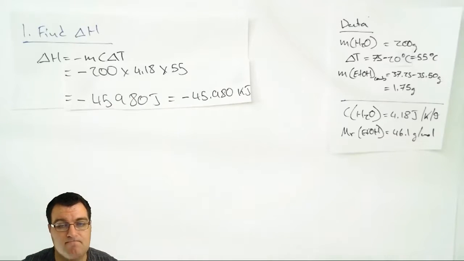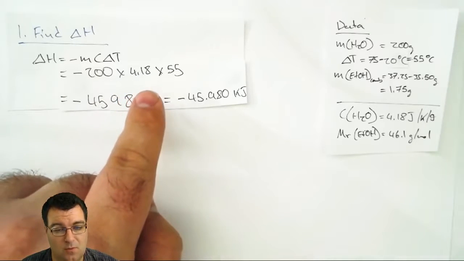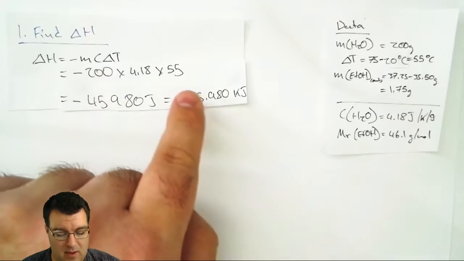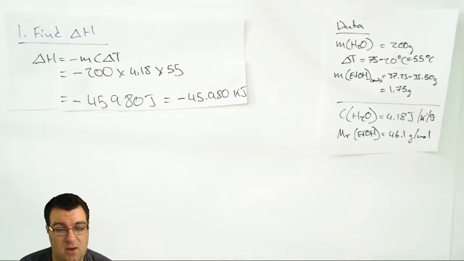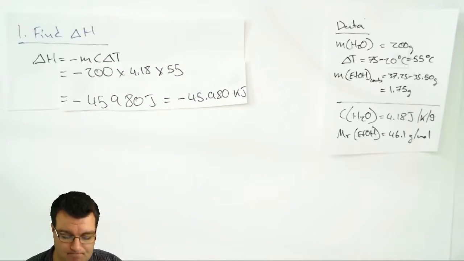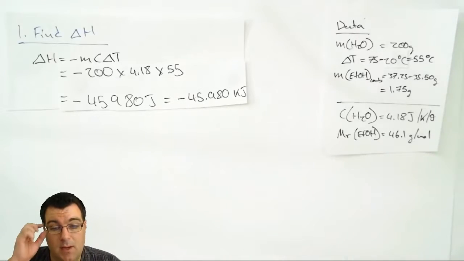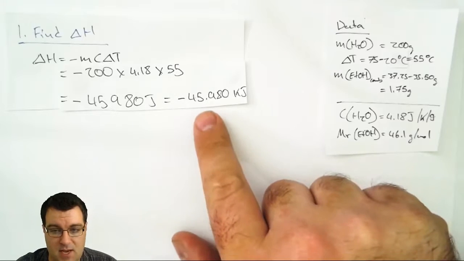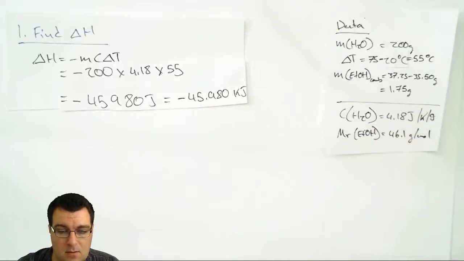As long as we have grams, we leave the constant at 4.18. The change in temperature can be in either Celsius or Kelvin, because it is a change and it's the same actual change. Then it's useful to convert that to kilojoules given the scale we're working at, which gives us minus 45.98 kilojoules.